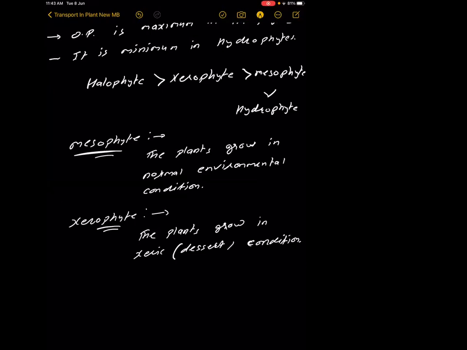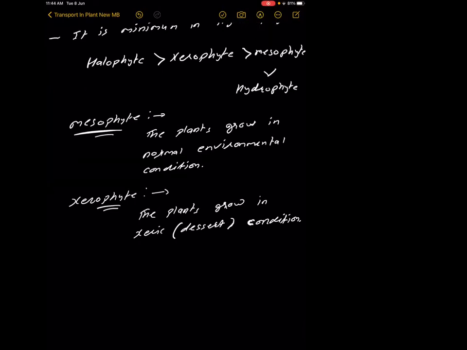If they grow in dry, xeric or desert conditions, that is called xerophyte. So cactus, opuntia, these are in xeric condition, means these are xerophytes.